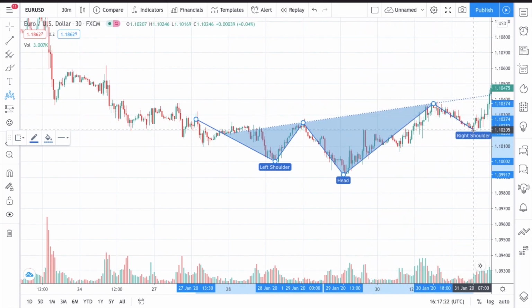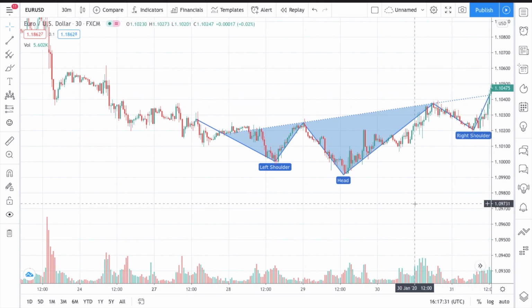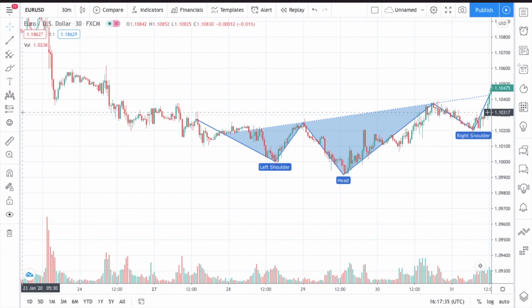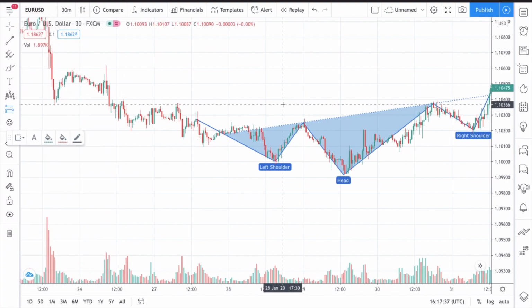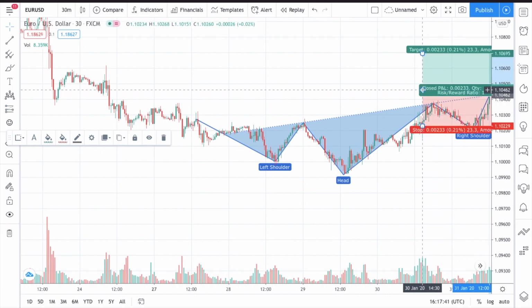Let's go ahead and draw out our head and shoulders pattern. This time we'll go in with a buy position, while keeping our risk to reward ratio above 2 yet again.